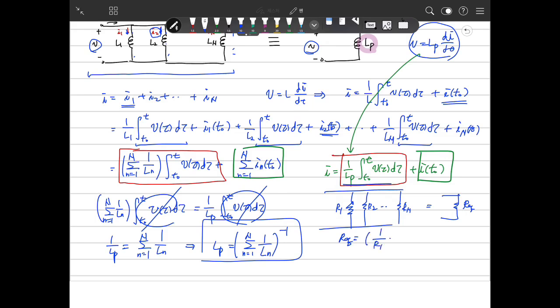Req is 1 over R1, 1 over R2, 1 over Rn, and inverse. The same way, this is inductor, inductor, inductor, and inductor. Then L1, L2, Ln, then Leq. So Leq is 1 over L1, 1 over L2, 1 over Ln, inverse. That is the way to calculate the equivalent inductance when the inductors are connected in parallel.